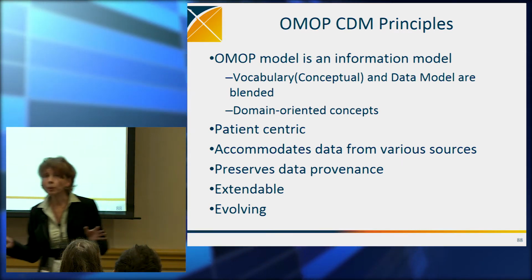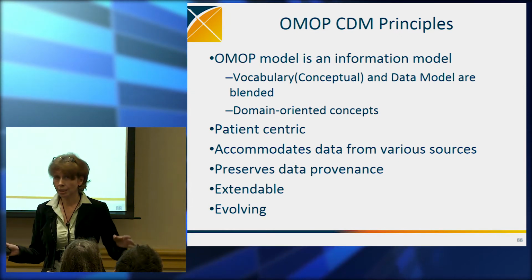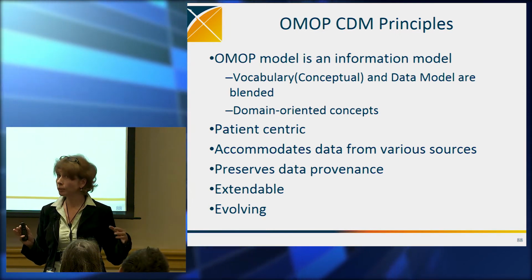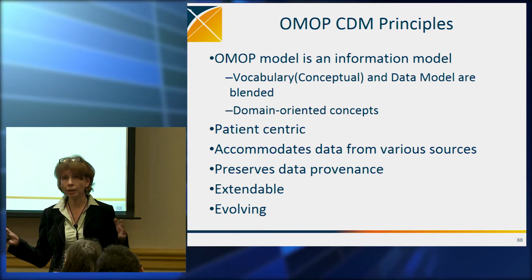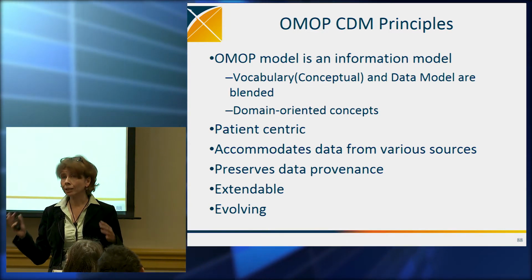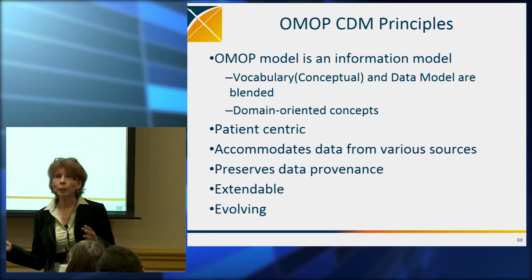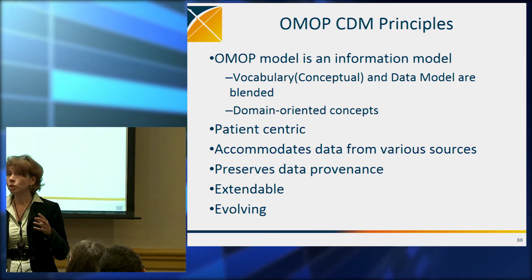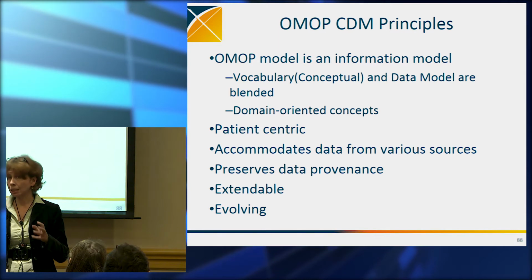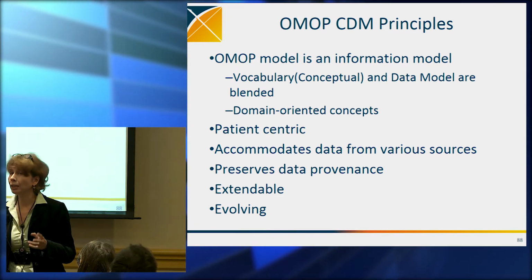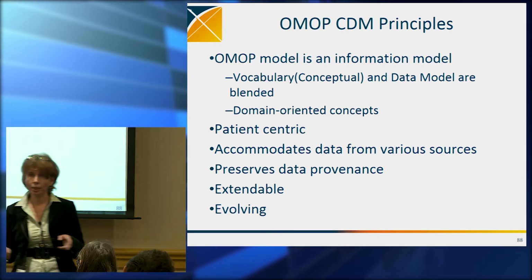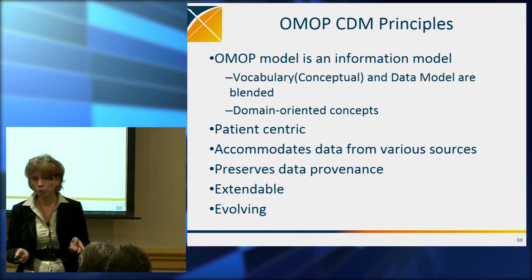And it's very important to realize that on one hand, we have a strict structure, we have domains. On the other hand, we have this relatively free format table which allows us to extend the model and accommodate new use cases. And the model is evolving.